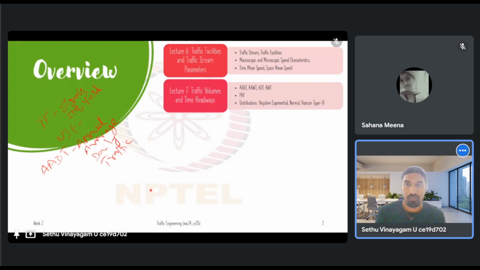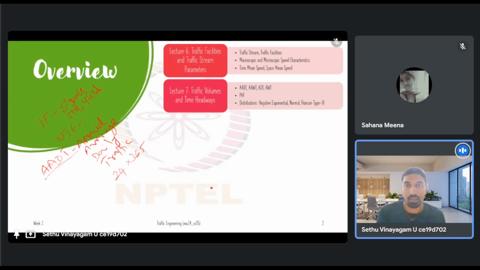Annual means 365 days, and daily means 24 hours. So we measure 24-hour traffic over all the days of the year, and take the average of this daily traffic, and that gives us the annual average daily traffic.